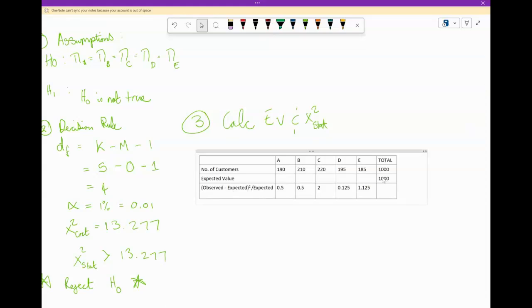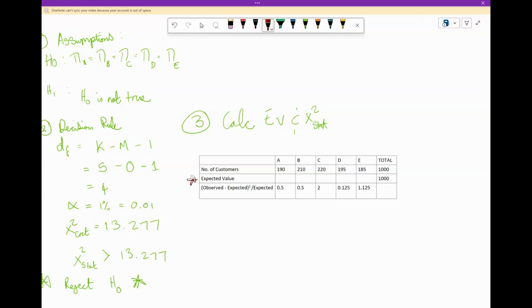But then how many people pick flavor A? 190. Yes, from our observation, that's what happened. But when it comes to expectation, we're saying we expect that these flavors are equally popular. So shouldn't the same number of people that pick flavor A be the same number of people that pick flavor B, C, D, and E?